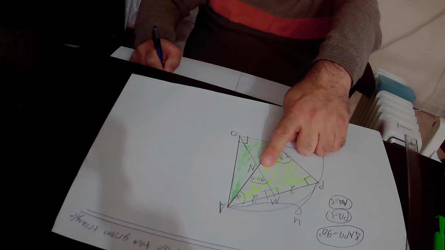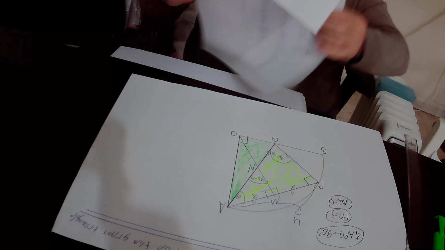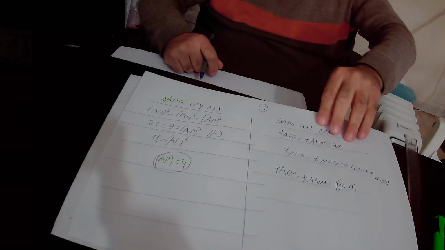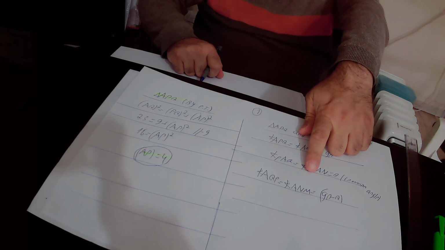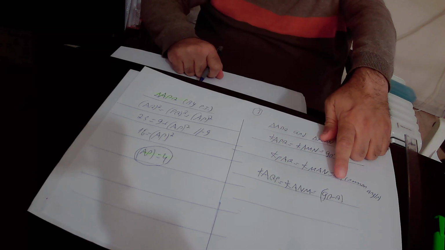Repeating again: angle AQP in the big triangle equals angle ANM in the small triangle. They are both equal to 90 degrees minus theta, therefore they are equal to each other.